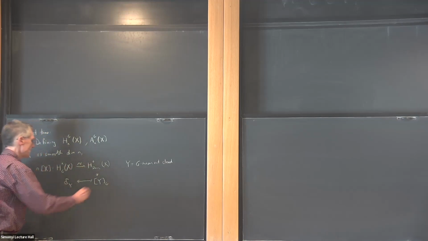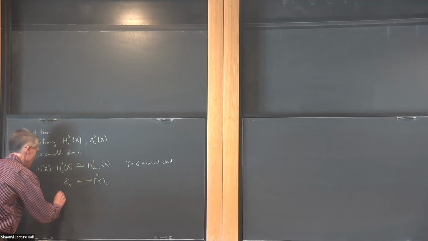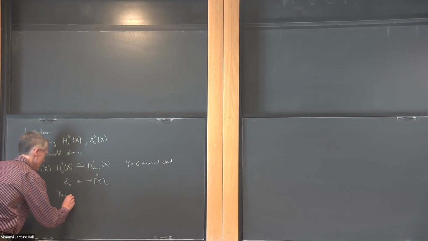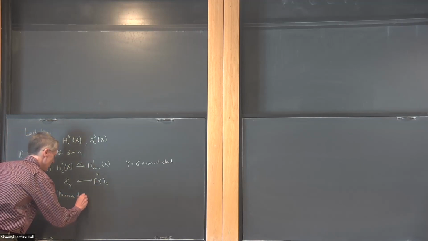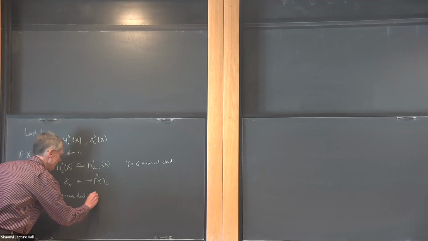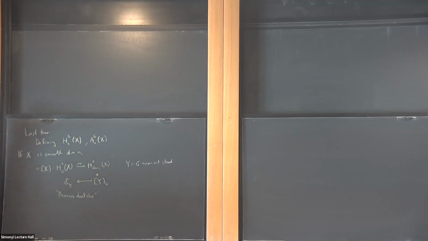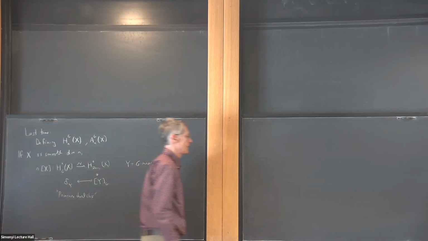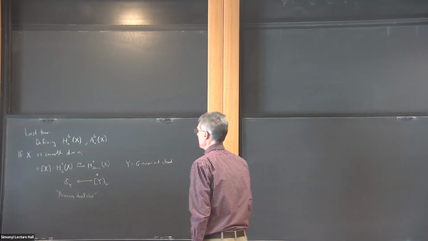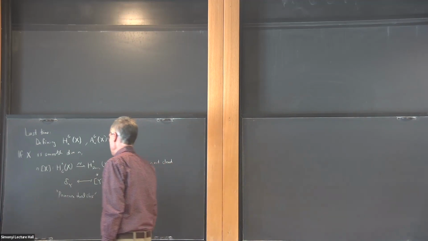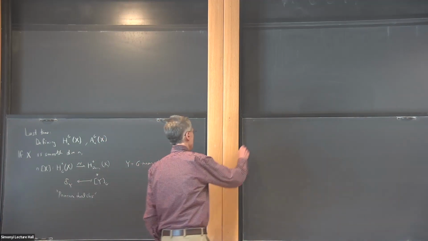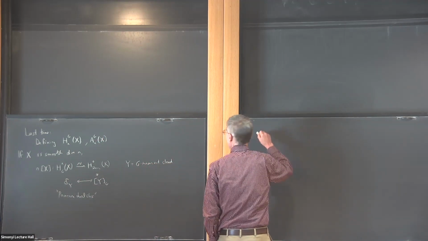So this is an isomorphism, so I can transport this over here, and this is the Poincare dual class. I'm doing this because I want to distinguish between homology and cohomology, and remember where things lie, because I'm going to do certain things for varieties that are not necessarily smooth.